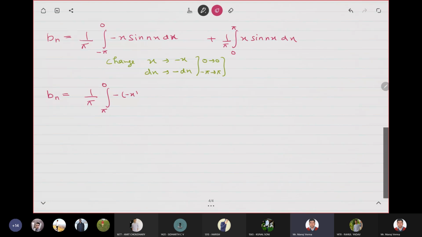Now I am just replacing sine n minus x and minus dx plus 1 over pi 0 to pi x sine nx dx. Now in this case you have to carefully see the negative signs.